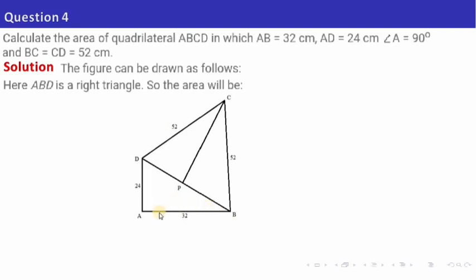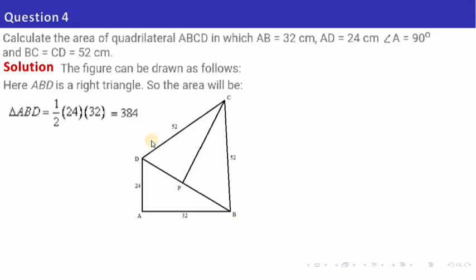It will be half into base into height, that is half into 32 into 24. So when you multiply, the area of triangle ABD will be 384. So the area of only this part is 384 centimeter square.